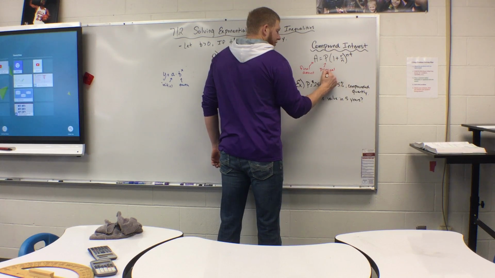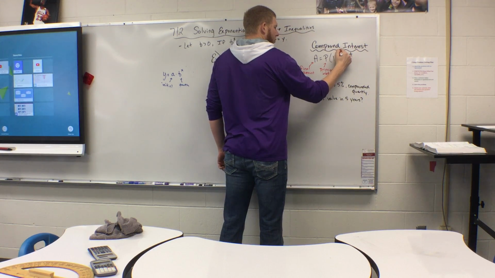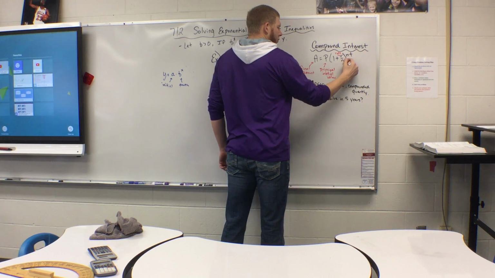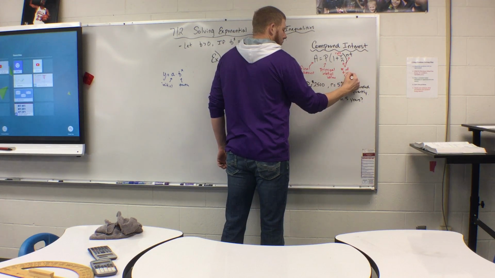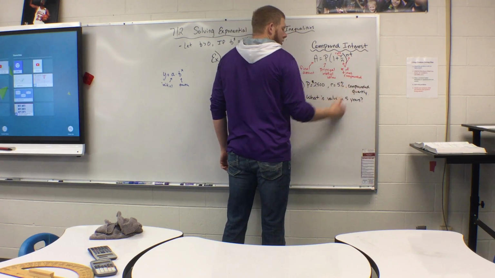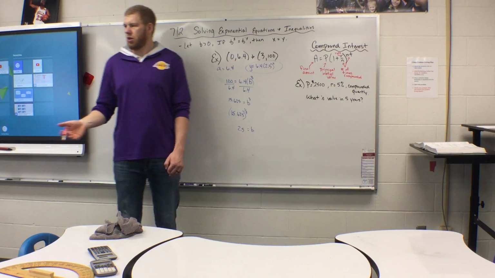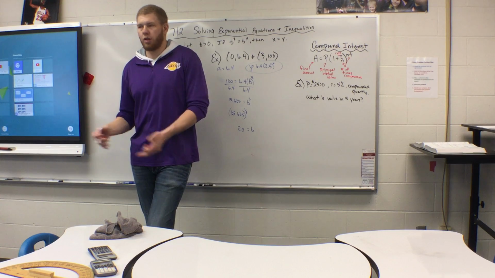Okay, our R is obviously our interest rate. Our N is the number of times your interest is compounded over the course of a year. So if it's compounded monthly, that'd be 12 times.